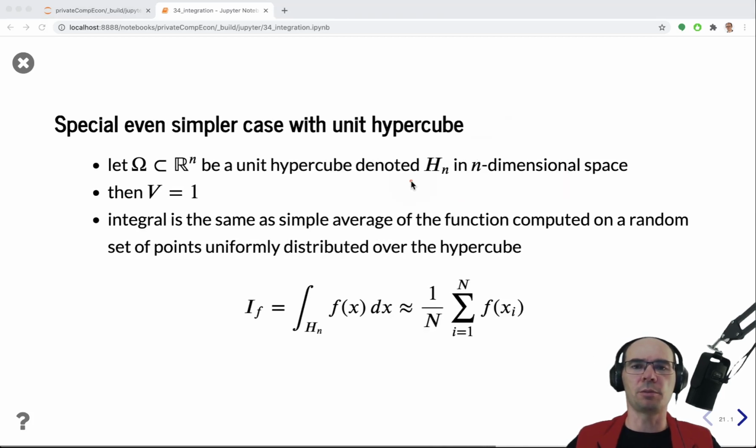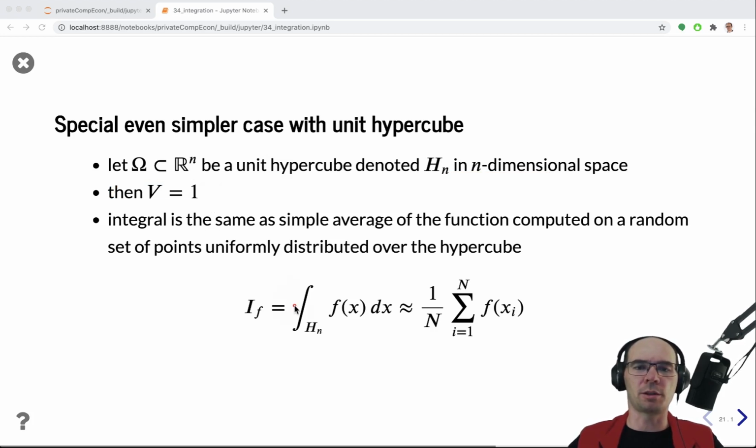Okay, here's an even simpler example. Imagine that we want the integral on the hypercube, and not just any hypercube. It's a unit hypercube. So it's a hypercube with the length of 1 on each of its sides. Each edge of this hypercube is of length 1 in n dimensions. Then the volume, the hypervolume of this cube, is just 1.